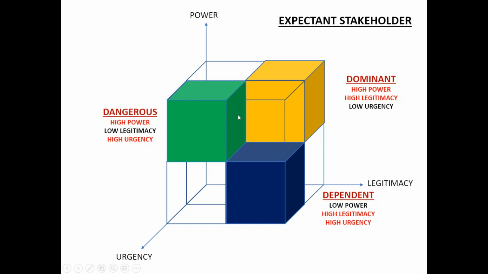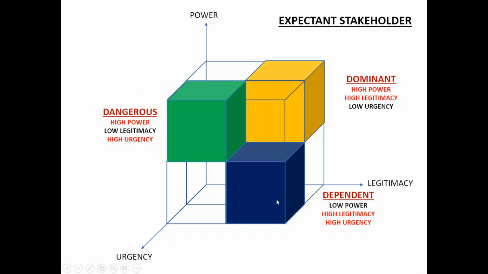I could have shown these cubes displayed separately also. And then we have high legitimacy and high urgency. If you are high on two, you will never be touching the topmost cube. So you will be in a lower cube than the top one. Lower, I should say, high on two.